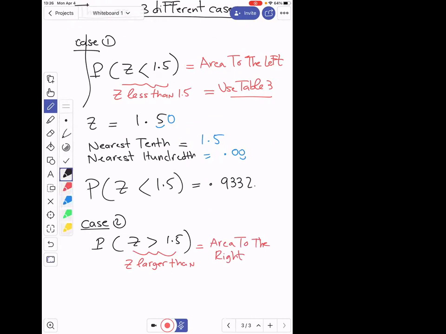The area to the right is always 1 minus the area to the left. So we find the area to the left using the table, and then subtract this area from 1. Then you get your answer.